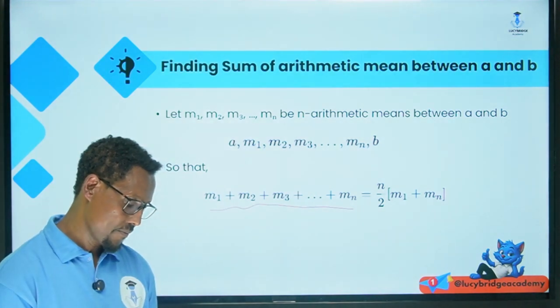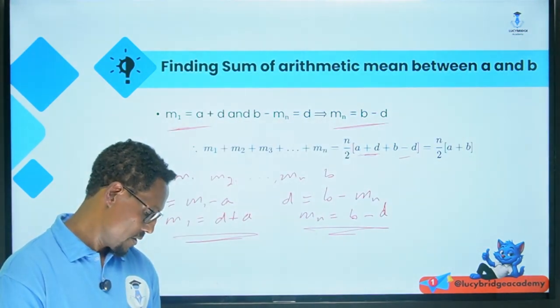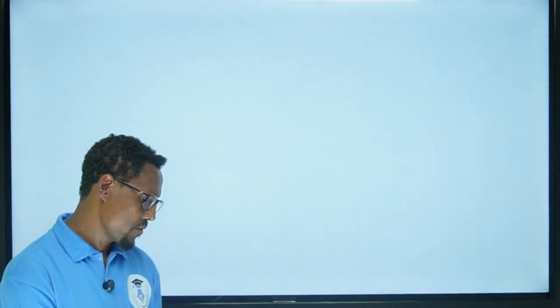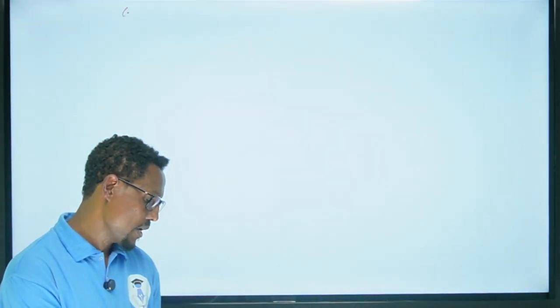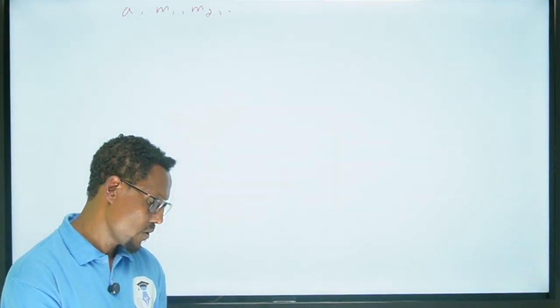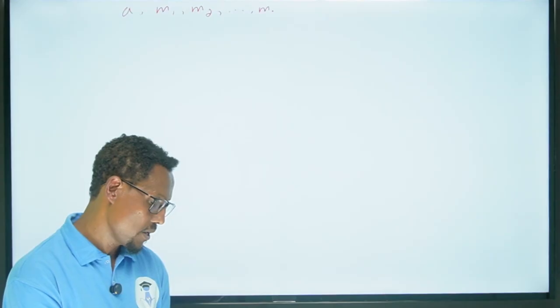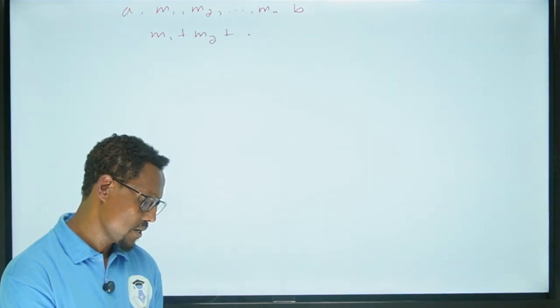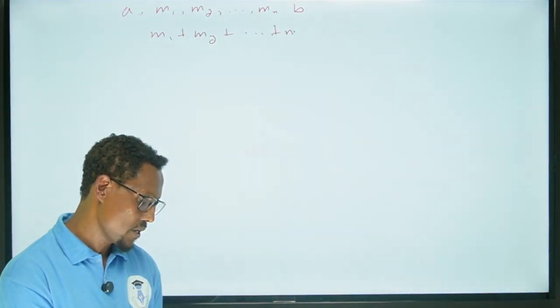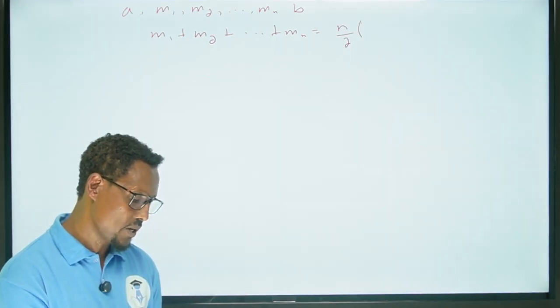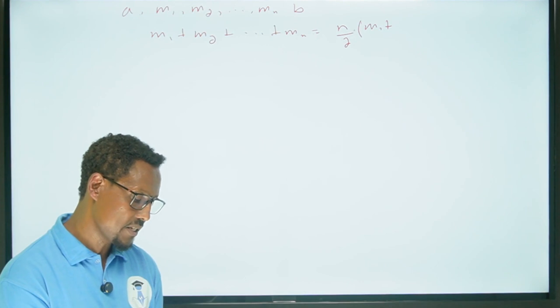Okay, a, m1, m2, mn, b. In this case I know that m1 plus m2 plus mn is equal to n over 2 times the first term m1 plus the last term mn.